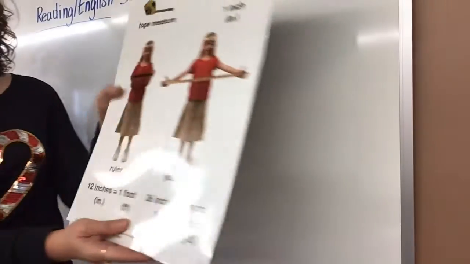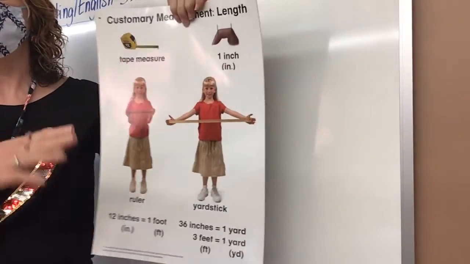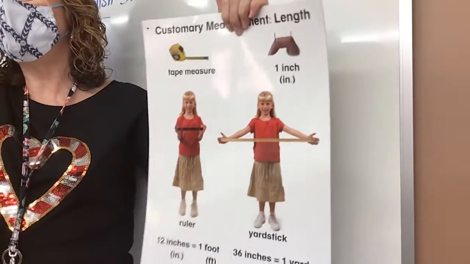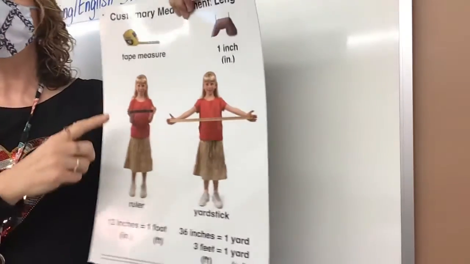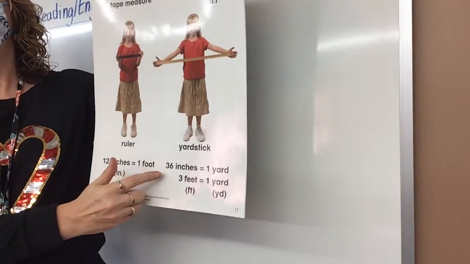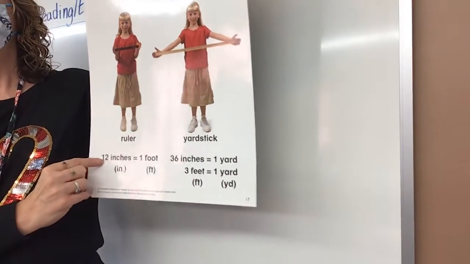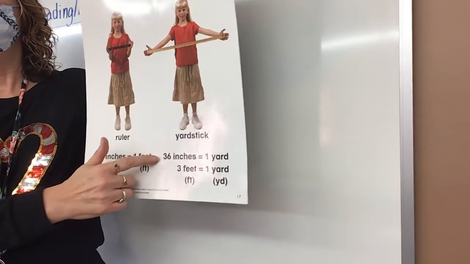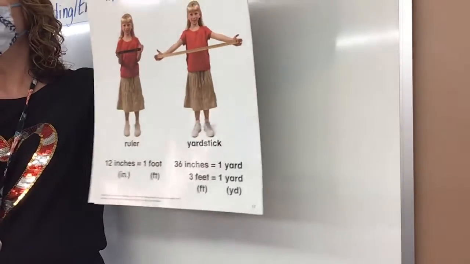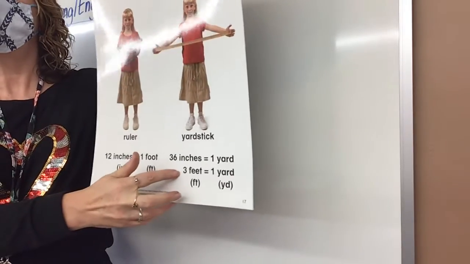All right, then we learned measurements of length. Remember, it could be length, which is how long something is, or height, or distance for long ones. And we learned that, well, let's draw on this side, 12 inches equals 1 foot, 36 inches equals 1 yard, and 3 feet equals 1 yard.